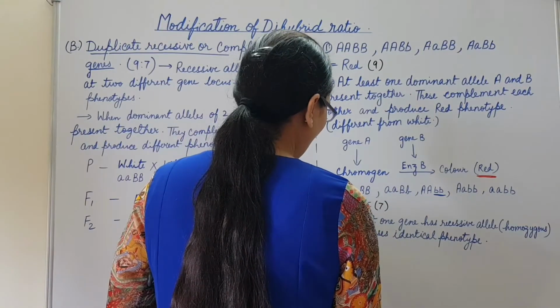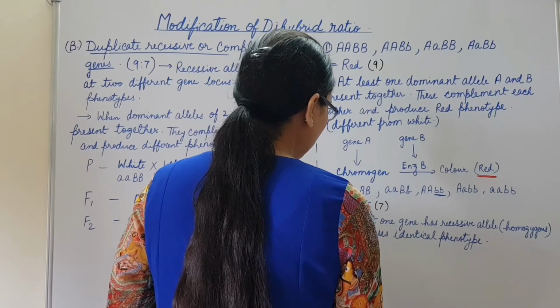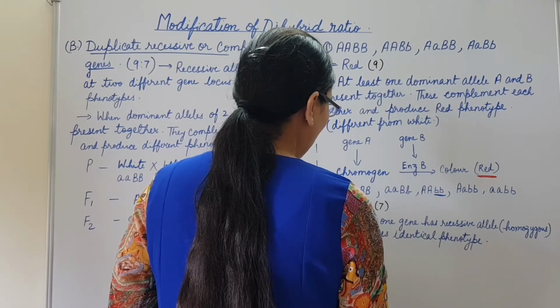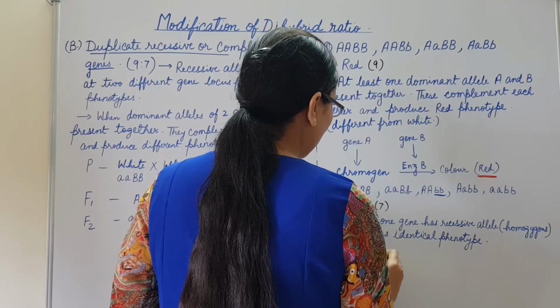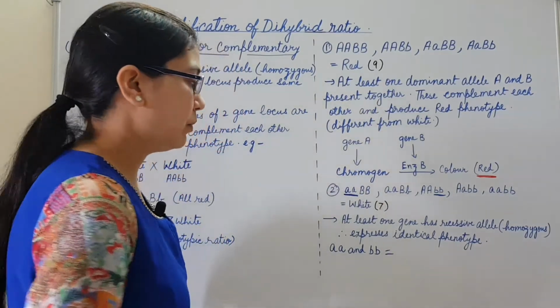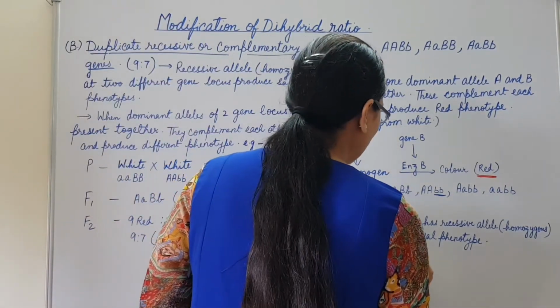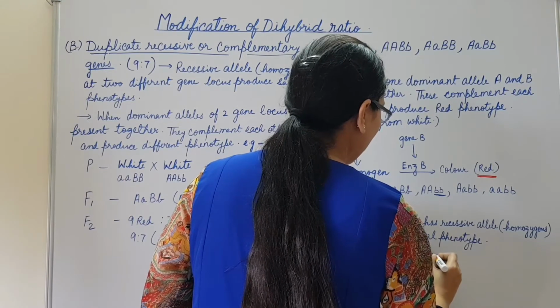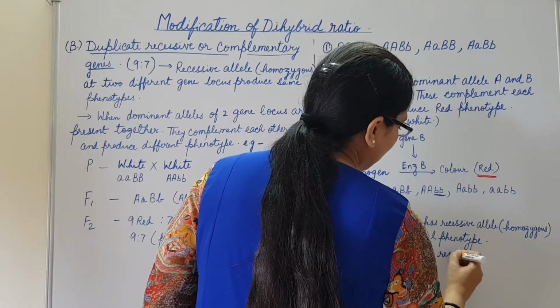Therefore, the homozygous recessive allele of the A gene and of the B gene produce the same phenotype. So these are known as the duplicate recessive genes.